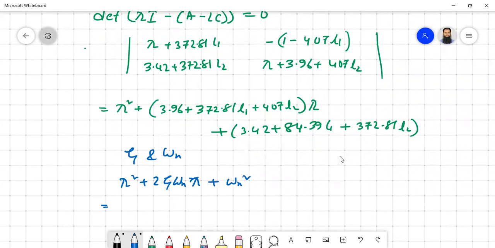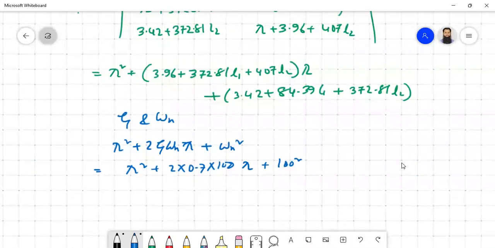So this will give us lambda square plus 2 into 0.7 into 100 lambda plus 100 square. So basically what we're going to get is lambda square plus 140 lambda plus 10,000.